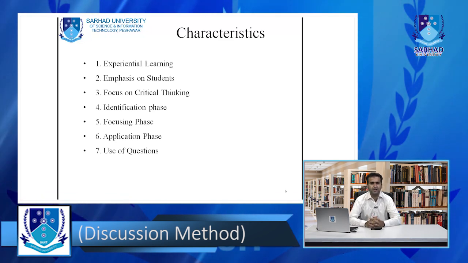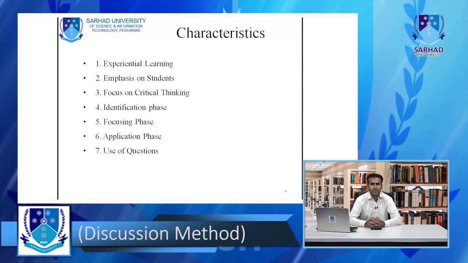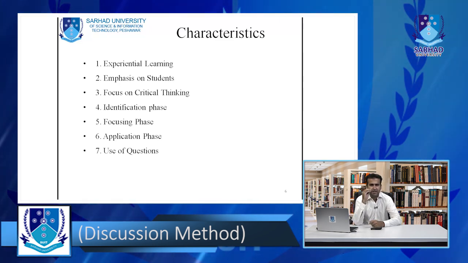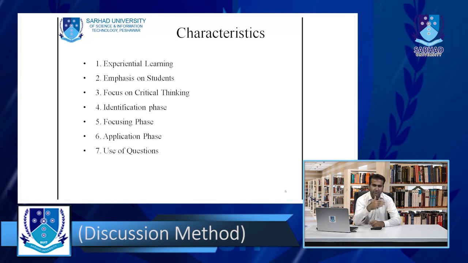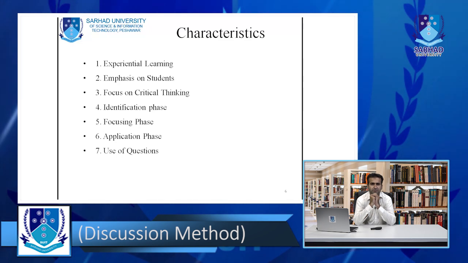Next one is focusing phase. As we know that a class is a combination of people having different sets of mentalities, different sets of abilities. In an identification phase we identify certain weak students, certain bright students, below average, above average, average students, we identify lots of different people.